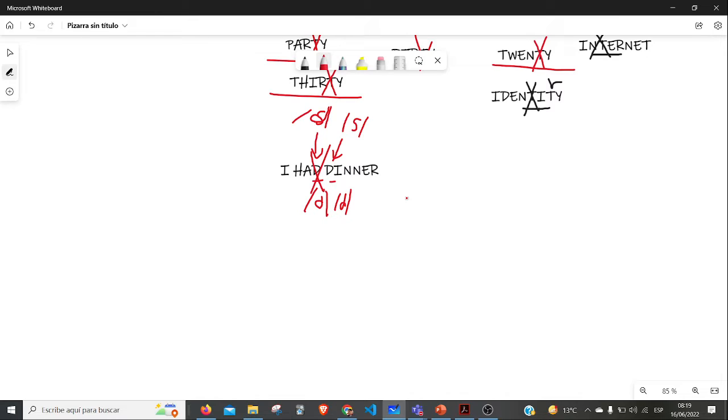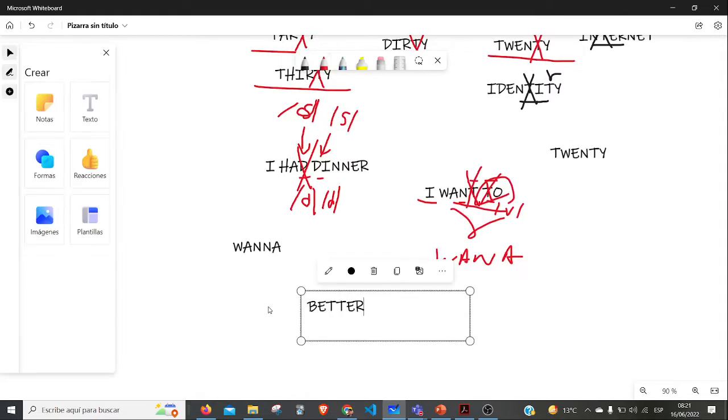So, for example, you can do this one, okay? Better. Can you pronounce it like a native? Better? What do you do? You have TT, right? Drop the first or the second T?